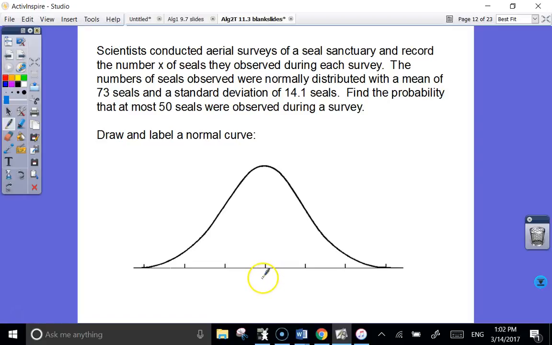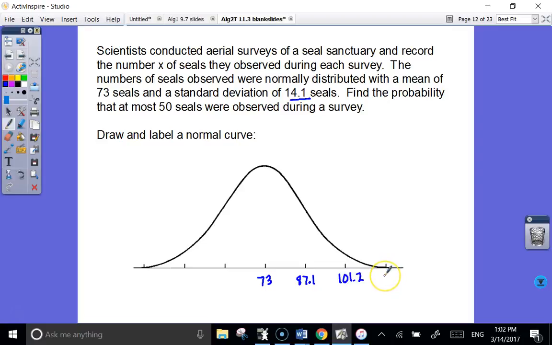We just said the mean is 73. And the standard deviation is 14.1. So that would make one standard deviation to the right. I should add 73 plus 14.1, 87.1. Okay, 2 standard deviations. Add another 14.1. 3 standard deviations.